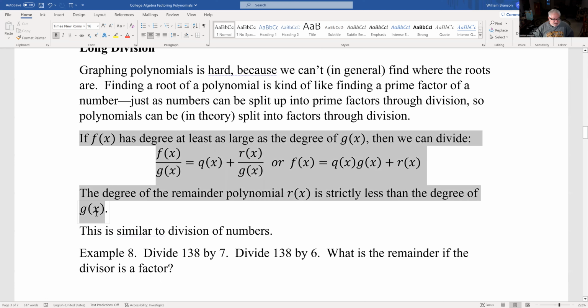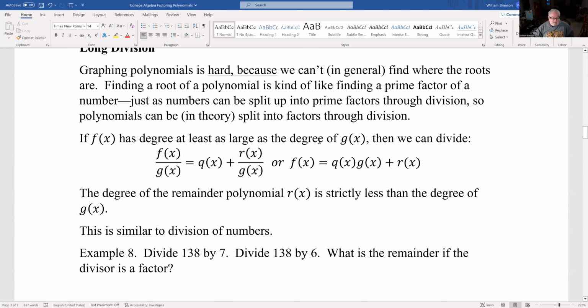So this is the statement of the theorem here. If a function, the top function, has a degree at least as big as the function at the bottom, then you can divide. You get a quotient plus a remainder over the denominator, or you can rewrite it if you multiply both sides by g of x, so that f of x equals this.